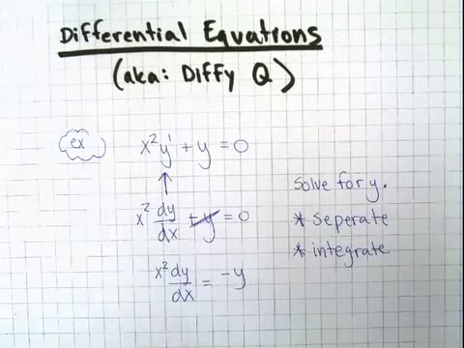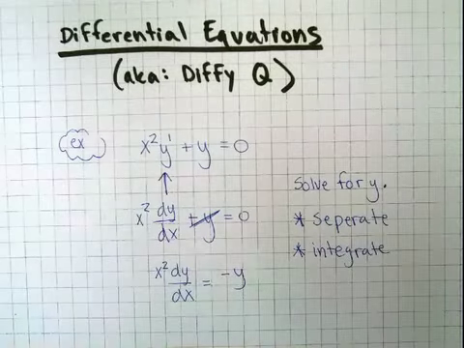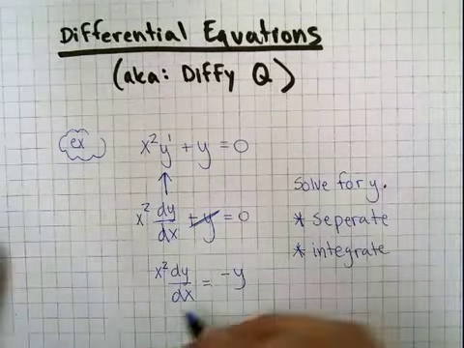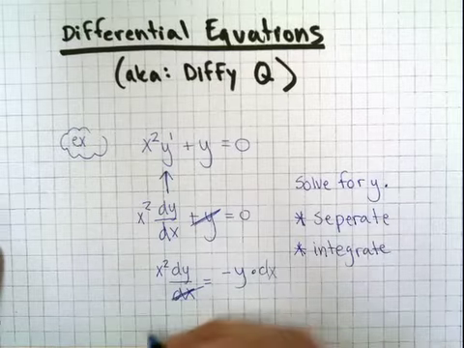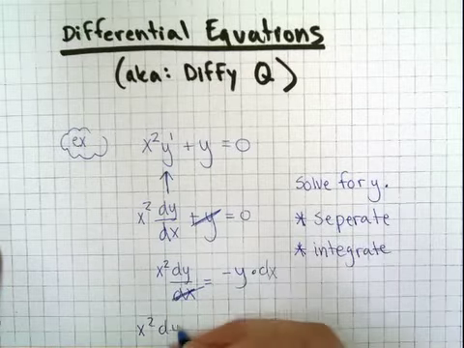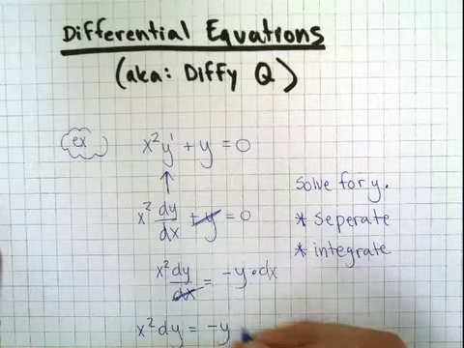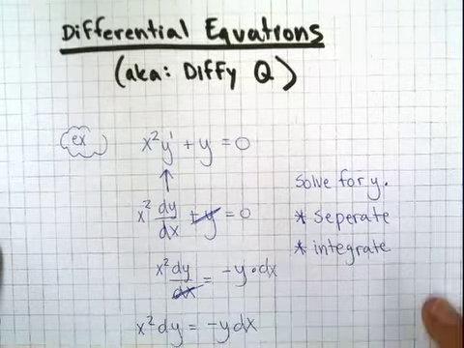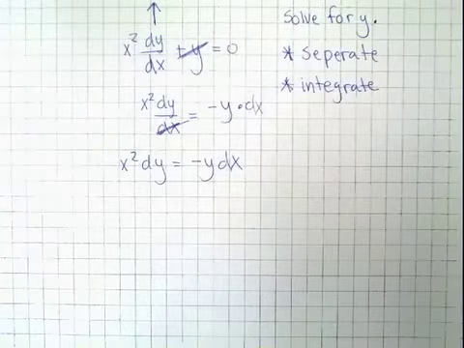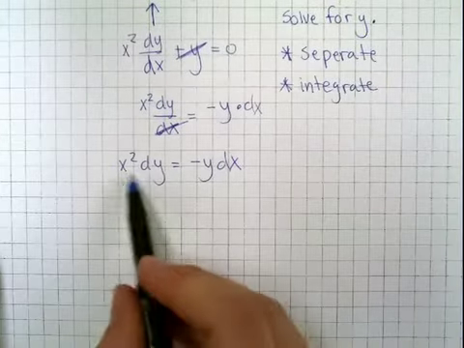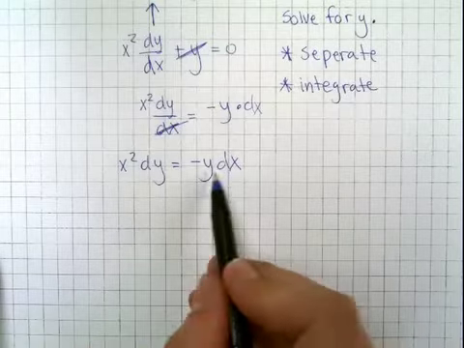Then what I'm going to do is, I don't want this dy dx anymore. I don't want it in a fractional form. So I'm actually going to multiply it over to this side. So x squared dy equals negative y dx. No more fractions, which is great, but we didn't separate very well because we have x's and y's: x squared and dy, and negative y dx.